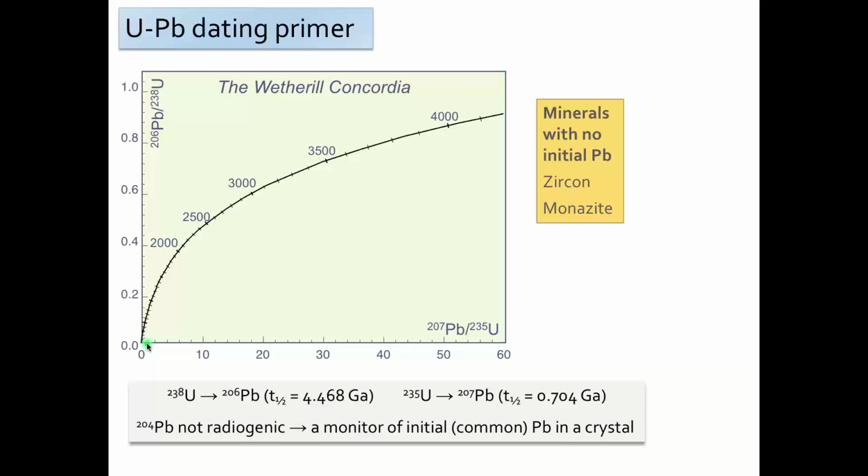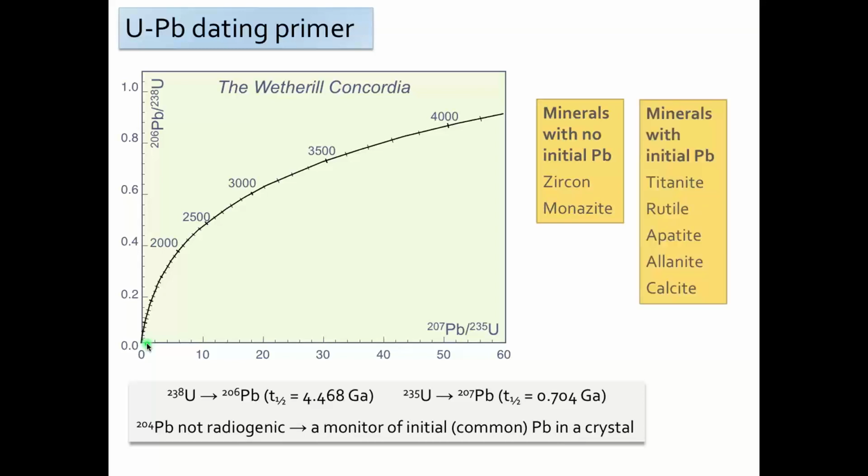Minerals that don't contain initial lead or common lead at the time of crystallization would be minerals such as zircon and monazite. So in terms of uranium lead dating, these don't require common lead correction. However, many minerals that we target in uranium lead geochronology do contain initial lead.